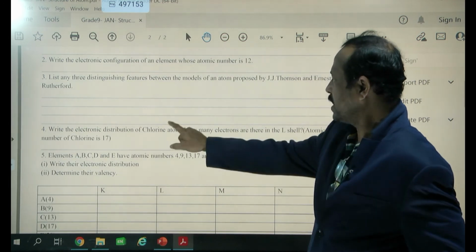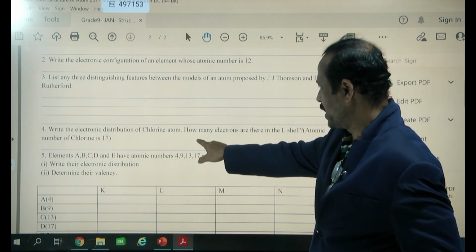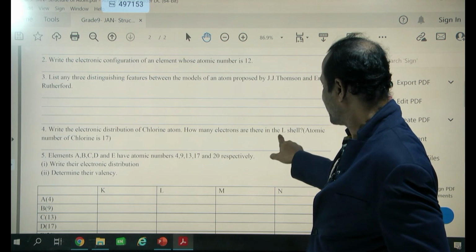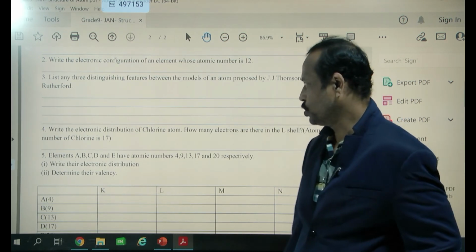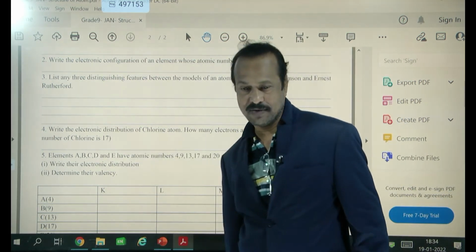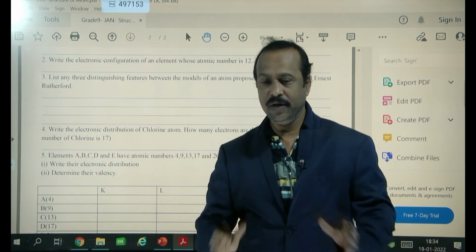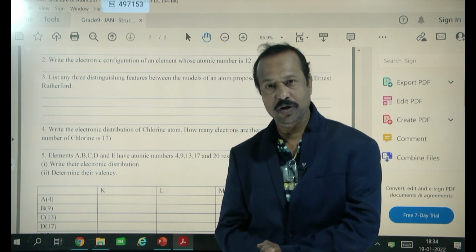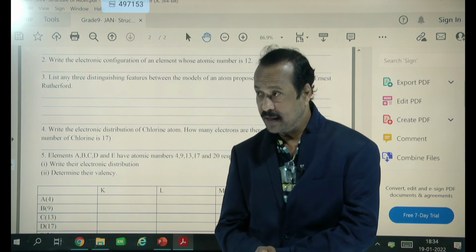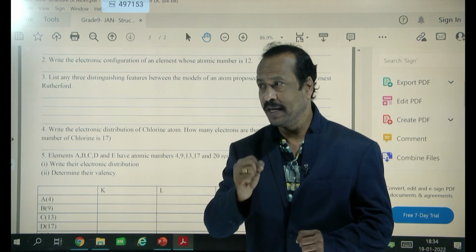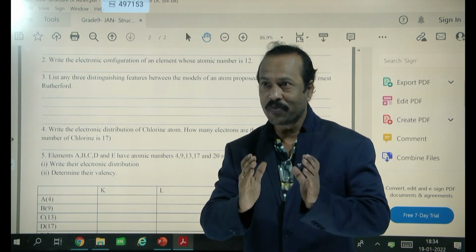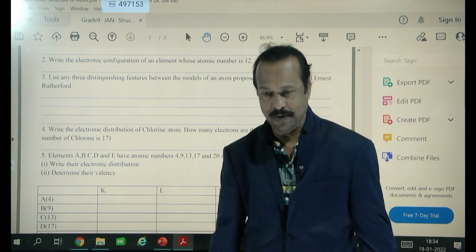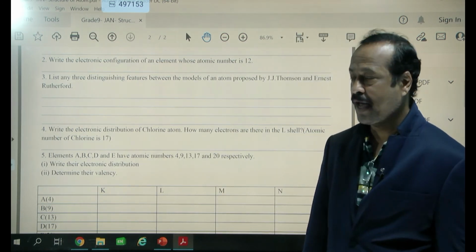Now, write the electronic distribution of the chlorine atom. How many electrons are there in the L shell? Here the chlorine atomic number, 17, is given, and you write the electronic configuration. The L shell consists of how many electrons? 8, very good.